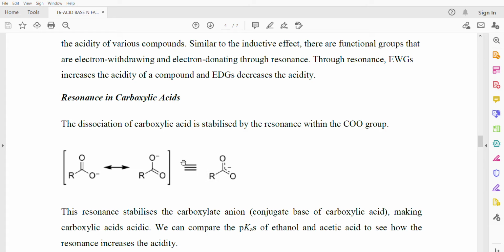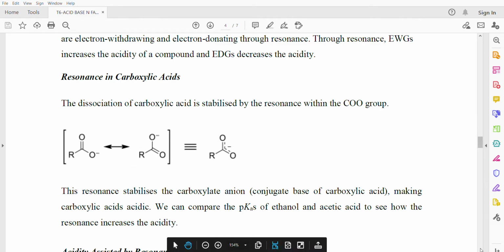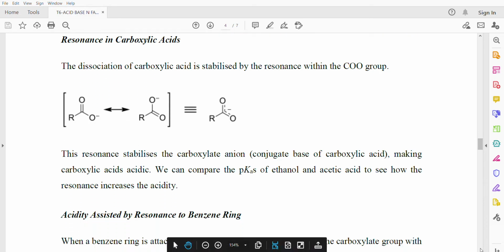These three lines are an easy way to represent these two canonical forms or resonating forms, showing that the negative charge is delocalized. It is not localized on one oxygen once and the second oxygen twice. No, this is actually a hybrid. Both oxygens have negative charge 50-50% of the time. So resonance stabilizes the carboxylate anion.